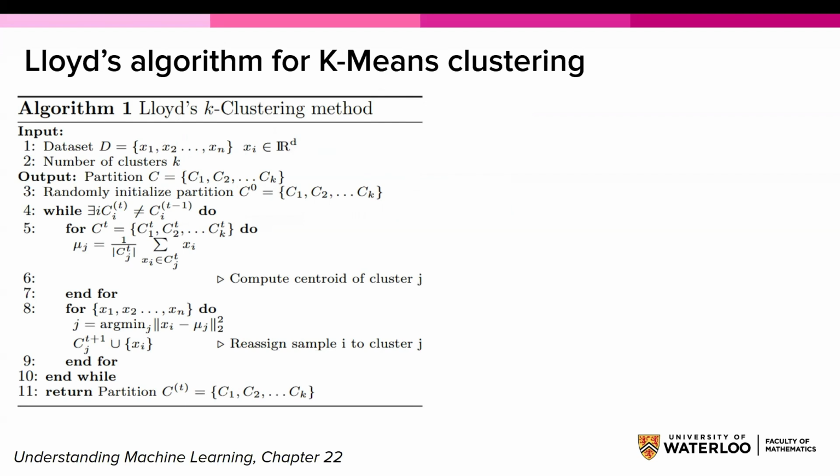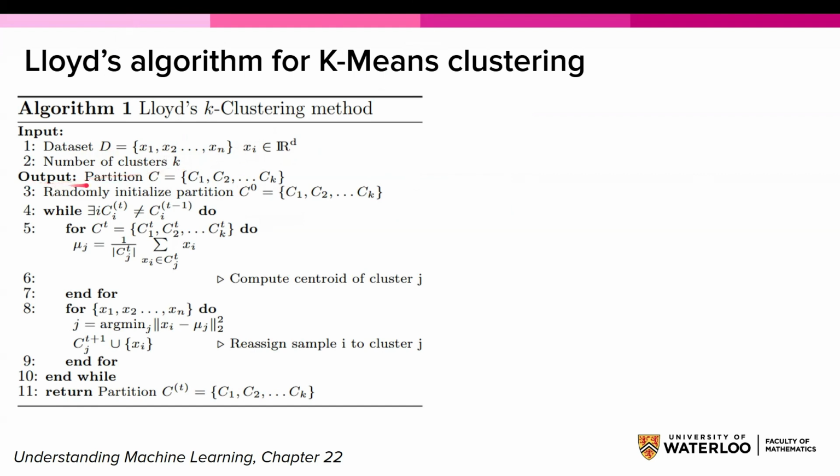And so how this works is that we start with a data set D of n points, x1 through xn, where each element xi belongs to R^d. And then we also provide a specified number of clusters k that we want.